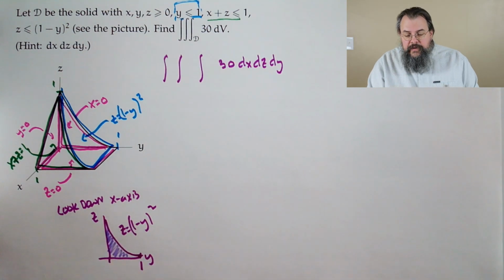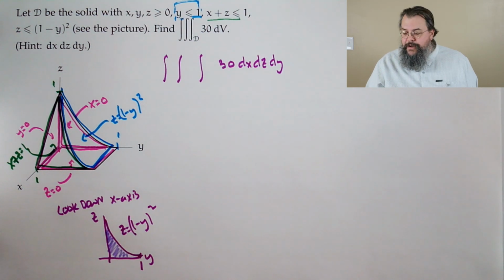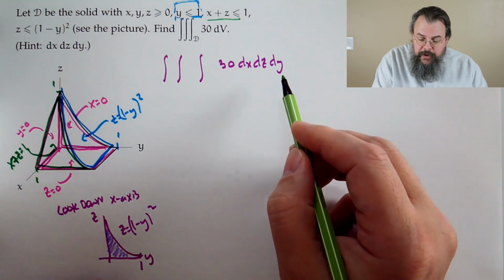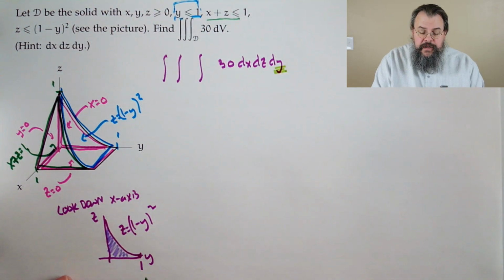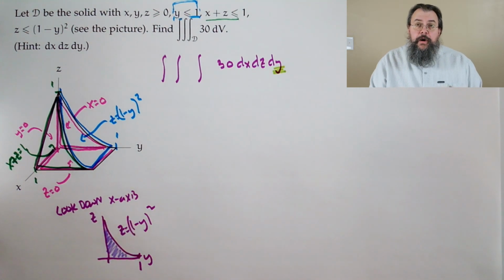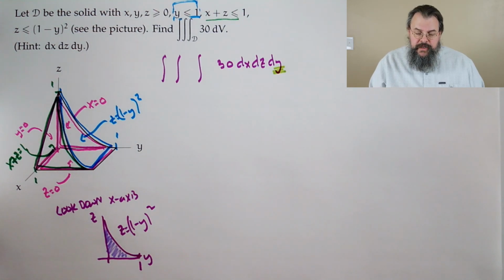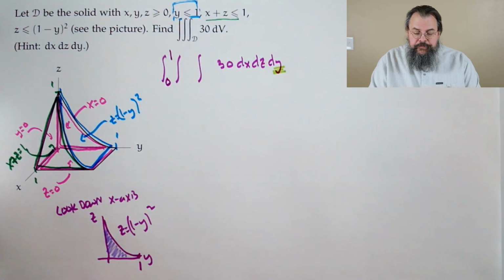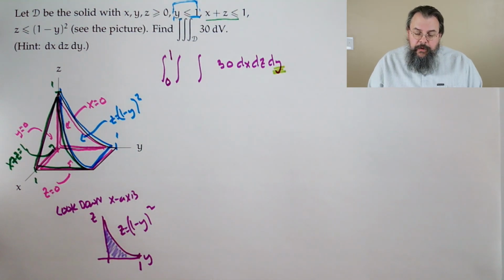And our next thing to do is to start thinking about our bounds. Well, let's start with our outer layer, y. Where does y go between? Smallest value of y to largest value of y, we're going 0 up to 1. So 0 to 1. Great. Now suppose we know our value for y.